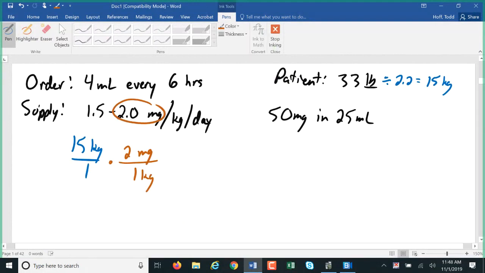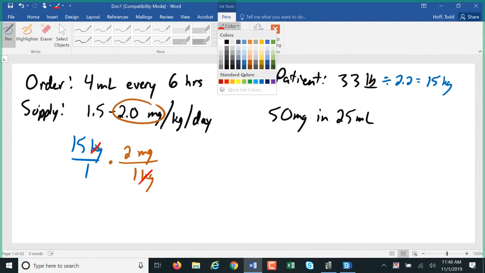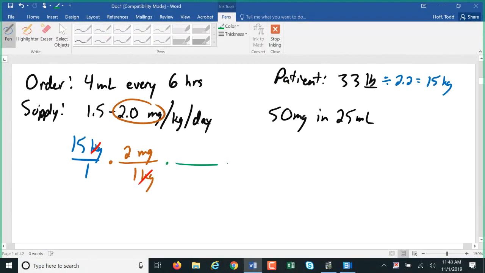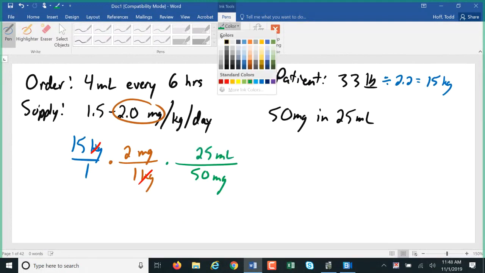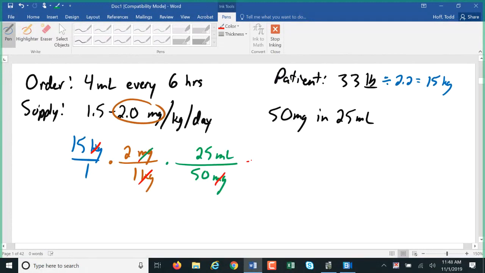That cancels out our kilograms. Converting milligrams to milliliters, we have 50 milligrams that'll go on bottom in 25 milliliters, canceling out milligrams.